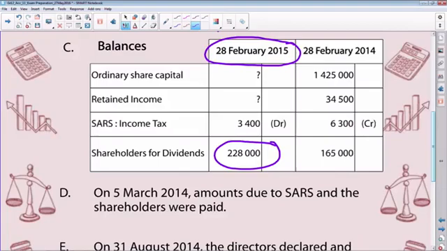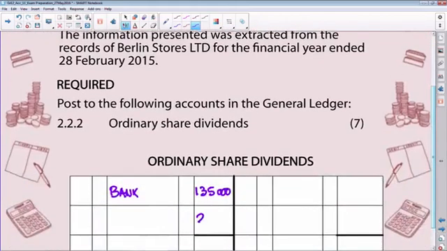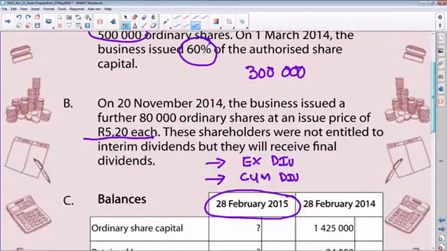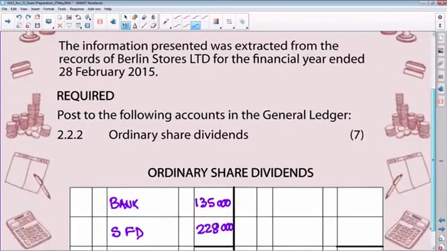A debit to ordinary share dividends, 228,000, and a credit to shareholders for dividends. You can see where it is coming from. Once again, look at your information: 228,000 appearing at the end of the year. Therefore, 228,000 in your ordinary share dividend account.